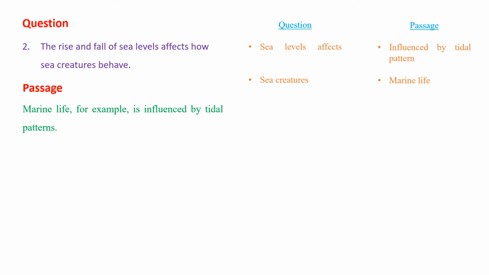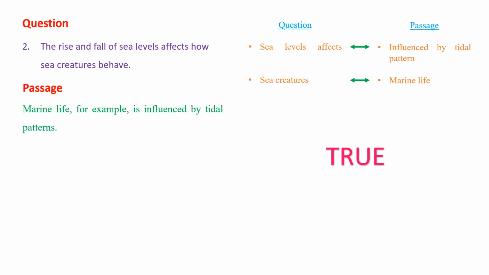The keywords are here. If you keenly see, the phrase influenced by tidal patterns has been paraphrased as sea level effects, and marine life has been paraphrased as sea creatures. The entire sentence has been paraphrased from the given question. Hence, the answer for this question is true.